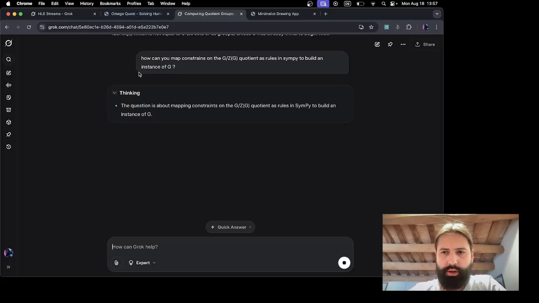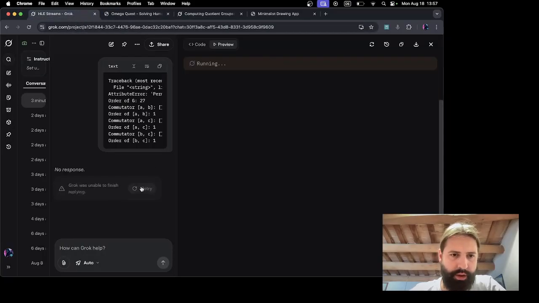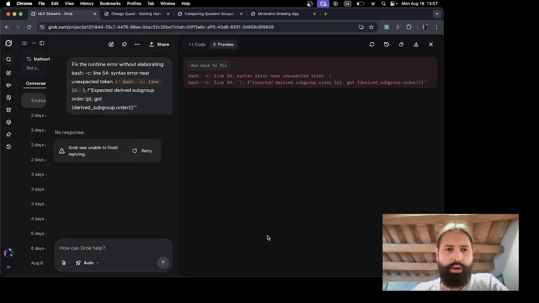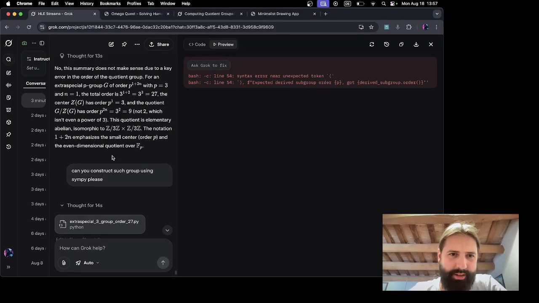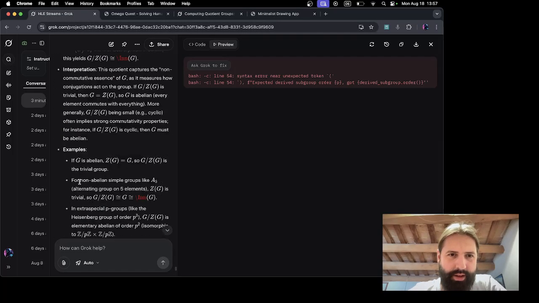It actually is thinking, so I don't know why this one is not working. Ask Grok to fix, okay. Grok can't fix it. It's a runtime error. I think it's on the runtime.